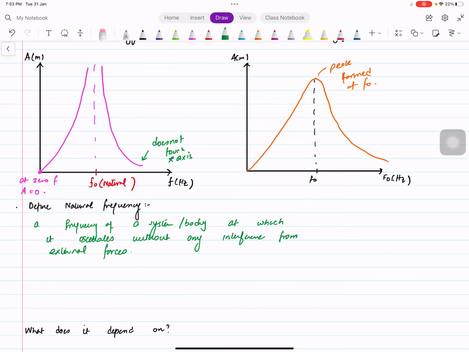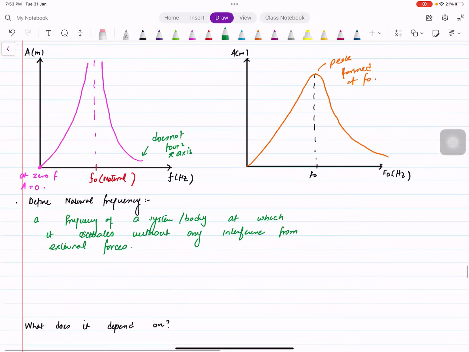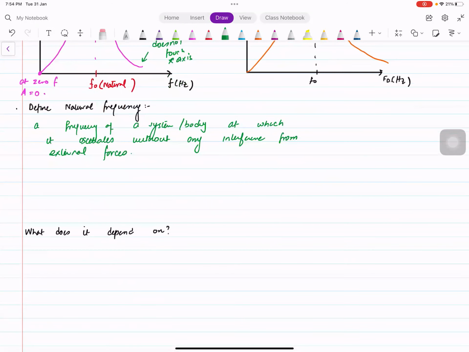So everything in the world has a natural frequency that it's oscillating with, and it basically depends on certain things. What does it depend on? It depends on basically 4 different things.